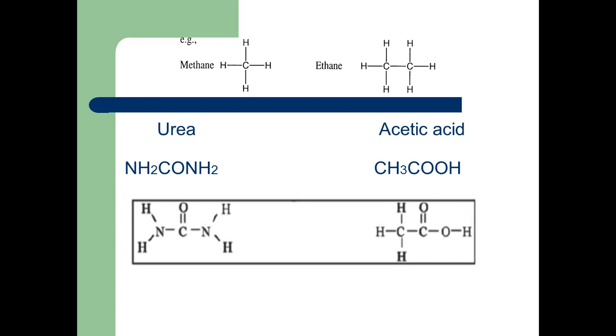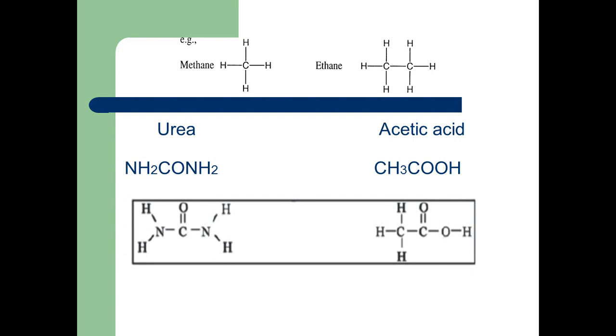Also, you can find other formulas like urea and acetic acid, the molecular formula, and below it the structural formula for each of them. In urea, the central carbon atom is attached by a double bond with oxygen and a single bond with nitrogen. Why?